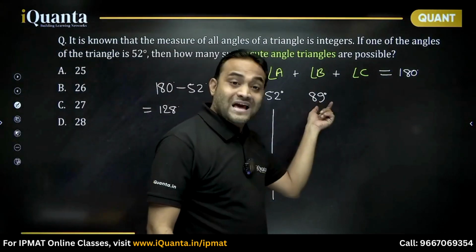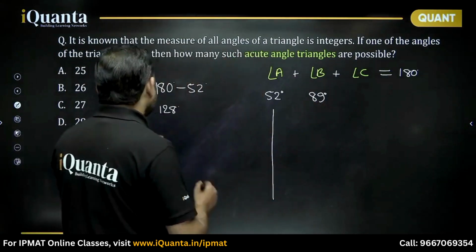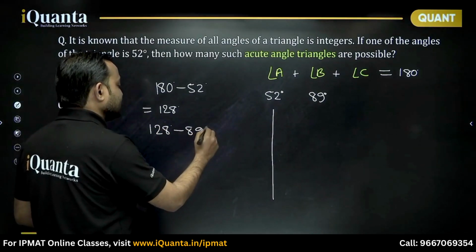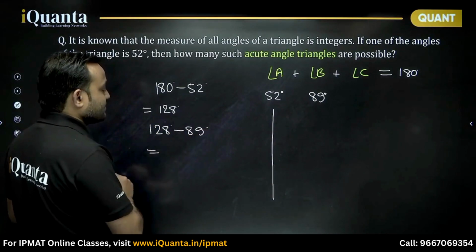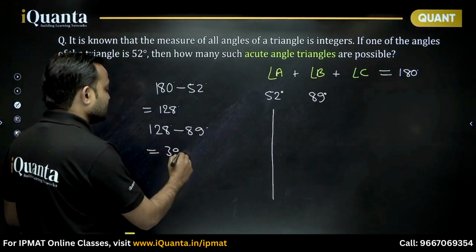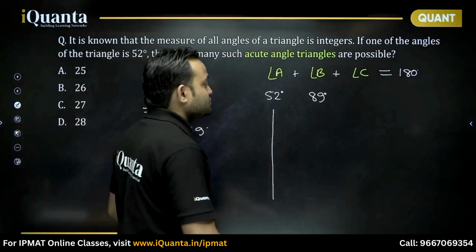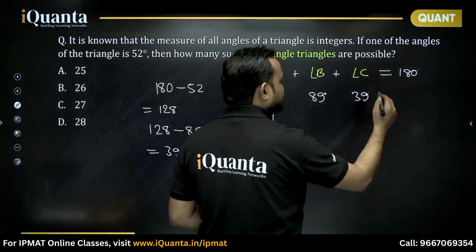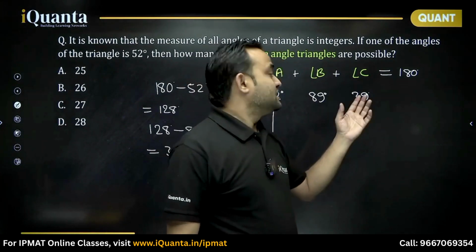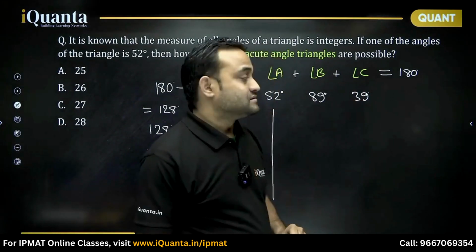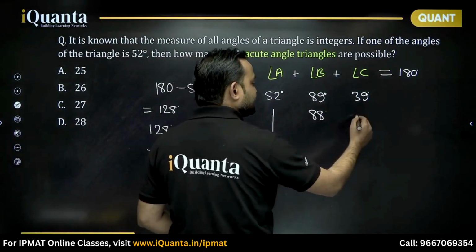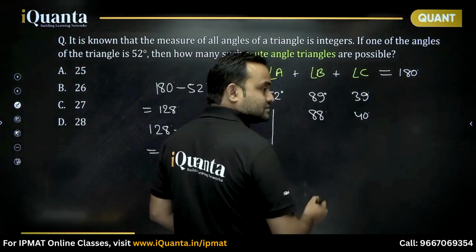So if one of the angles is 89, then 128 minus 89 gives us 39 degrees. So if one angle is 89 degrees, then the third angle, angle C, must be 39 degrees. Similarly, if we make it 88, this will become 40 degrees.